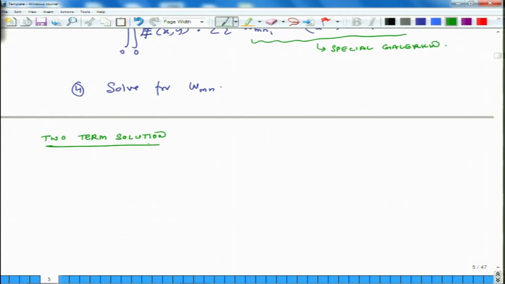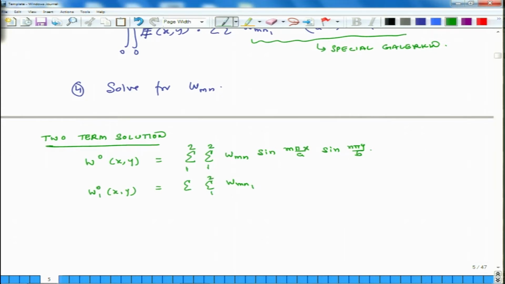W naught x y is equal to the sum from 1 to 2, 1 to 2, of W mn sine m pi x over a sine n pi y over b, and the weight function is similar in form, but instead of W mn it has a coefficient 1, and that also has two terms in each direction.